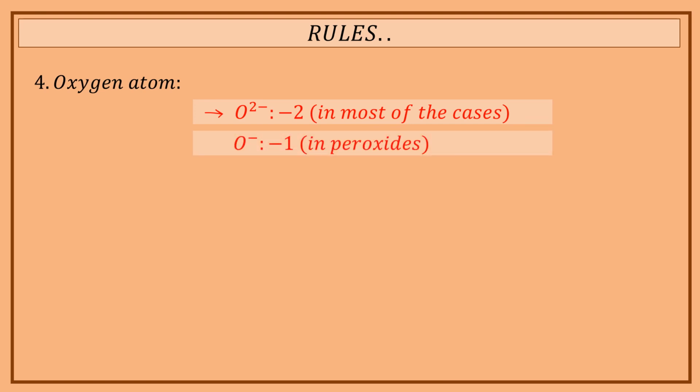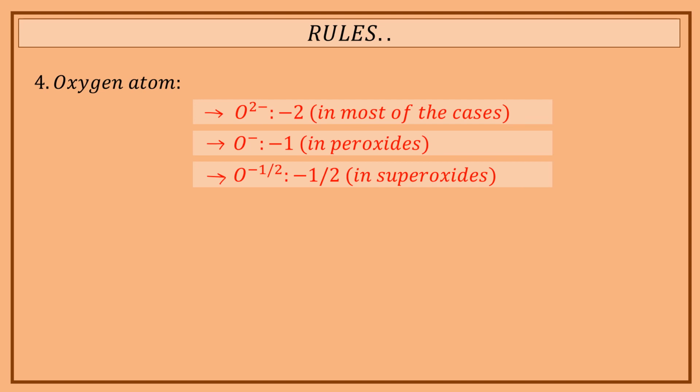However, it may be present in the form of the peroxide ion, in which case the oxidation state of oxygen will be -1, or in the superoxide ion, in which the oxidation state of the oxygen atom will be -1/2.